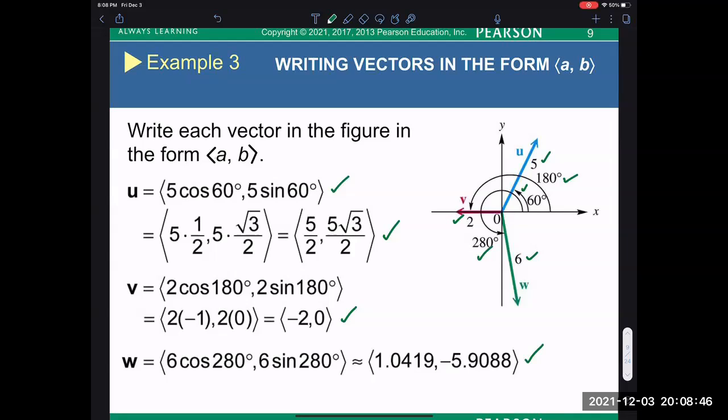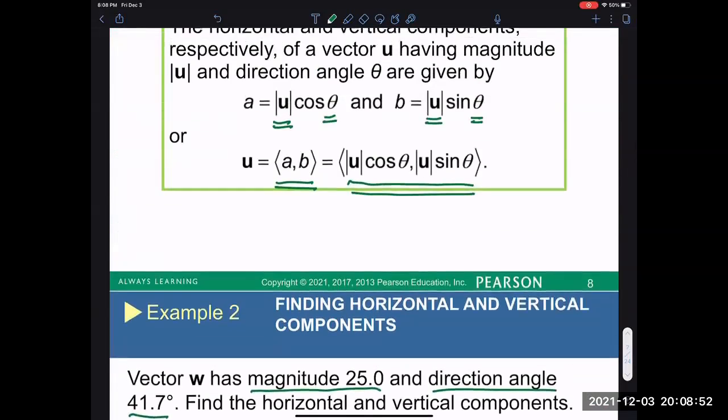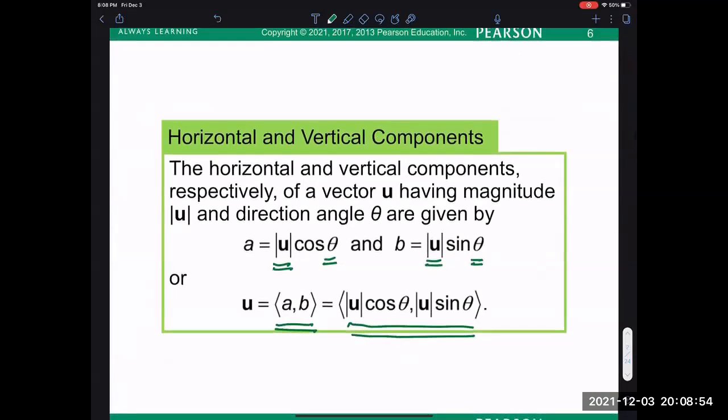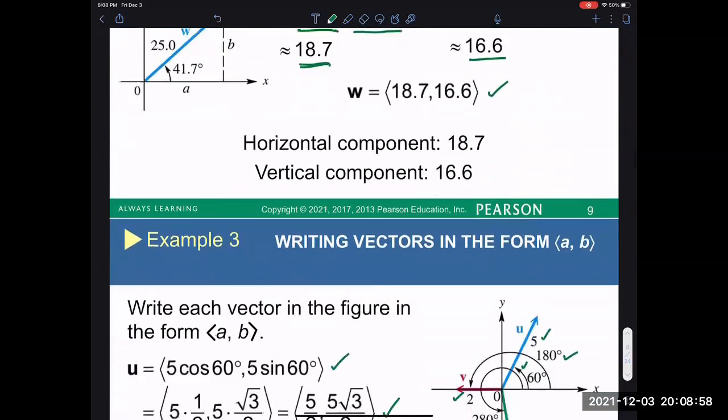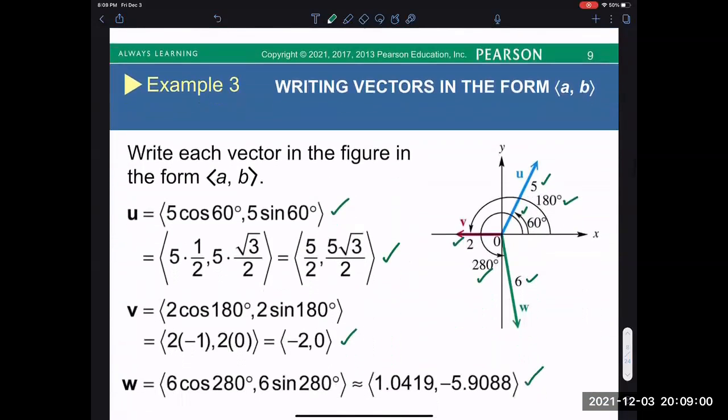Problems like this hopefully will be pretty straightforward, especially if you're given theta and magnitude. Then we just use these nice little formulas, magnitude cosine theta, magnitude sine theta, and you get AB. And so we had 3 little practice sessions for that in example 3.